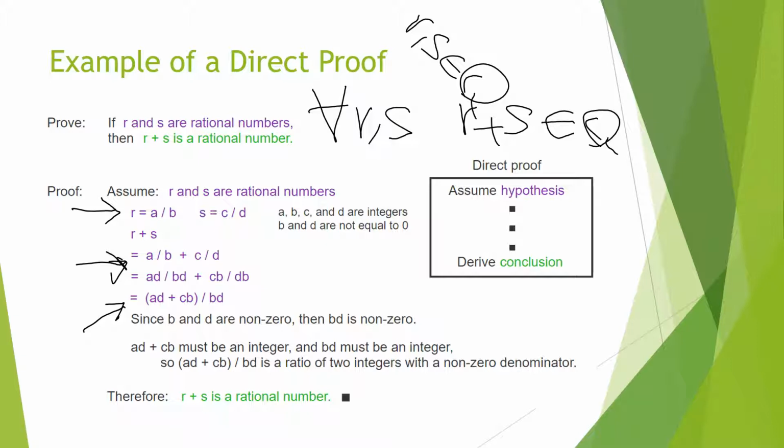And it is non-zero because since b and d are non-zero, their product cannot be 0. So this means that r plus s is also a ratio of integers with non-zero denominator. And therefore, based on the definition of rational numbers, we can simply say that r plus s is a rational number.